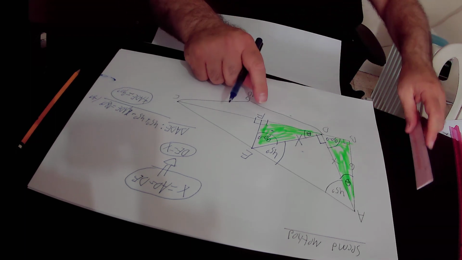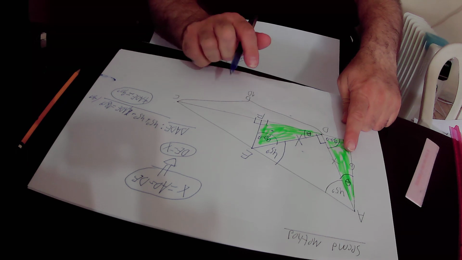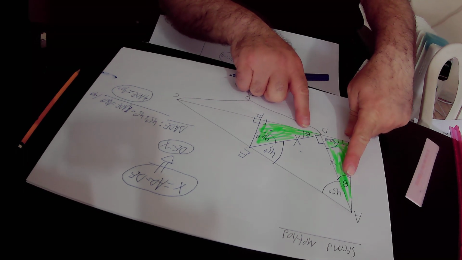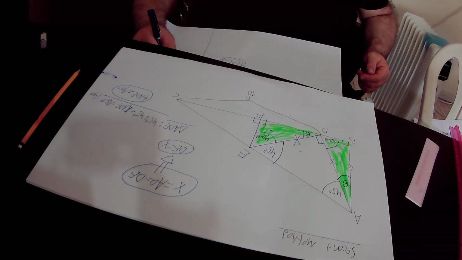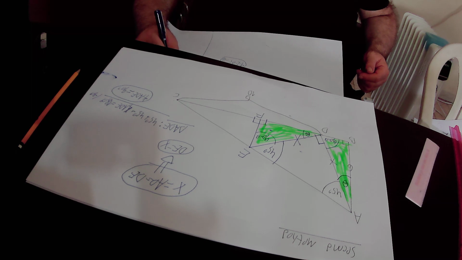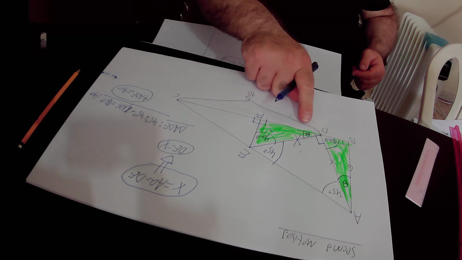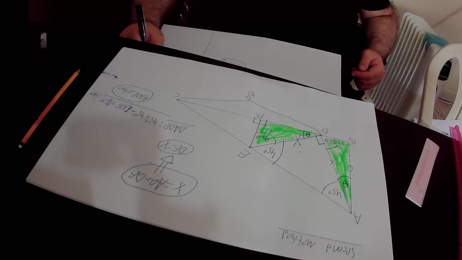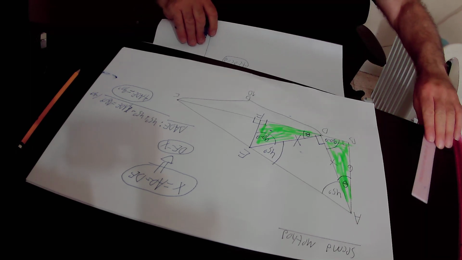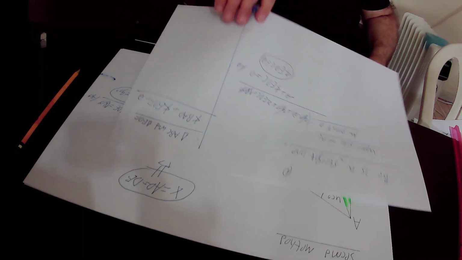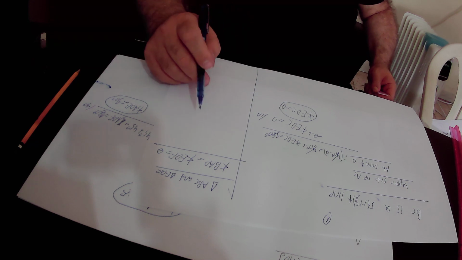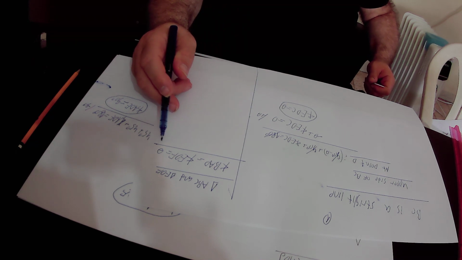So why can those two right triangles go into each other? First of all, those two angles that are equal to each other are both equal to theta. So angle BAD in triangle ABD is equal to this angle, which is angle EDF in triangle EDF, and both angles are equal to theta.